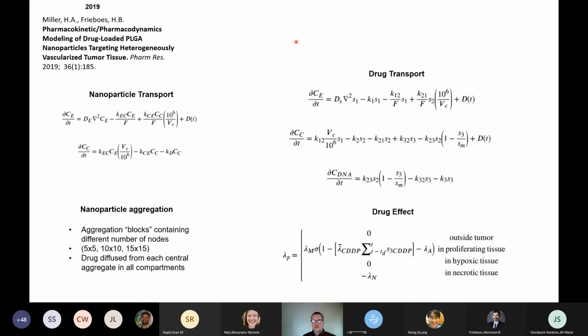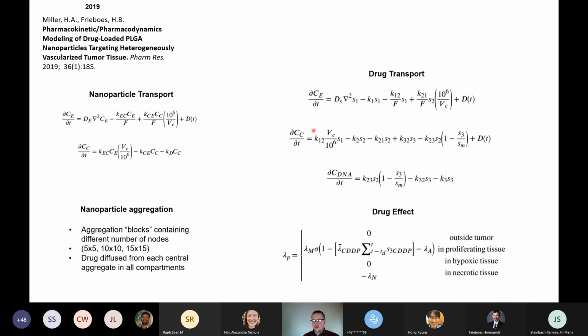Here, nanoparticle and drug transport are modeled with multi-compartmental kinetics. Nanoparticles diffuse through extracellular and cytosolic compartments, while cisplatin diffusion includes an additional DNA-bound compartment.